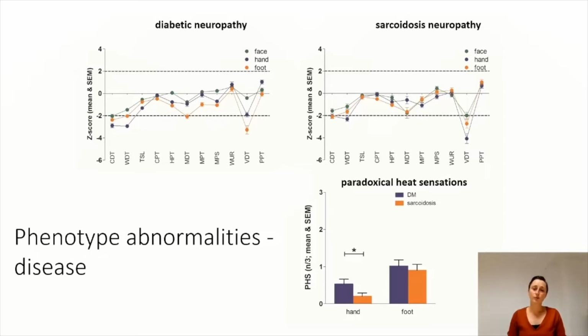Whereas for paradoxical heat sensations on the hand, this is more prevalent in a diabetic population. So by understanding the actual outcome of these QST tests, we can understand more about the abnormalities in a certain patient population, and we can also understand more about the disease pathophysiology, which may guide, of course, treatment modalities.